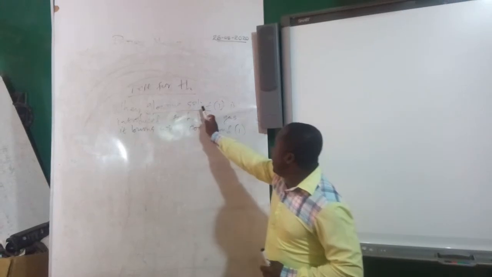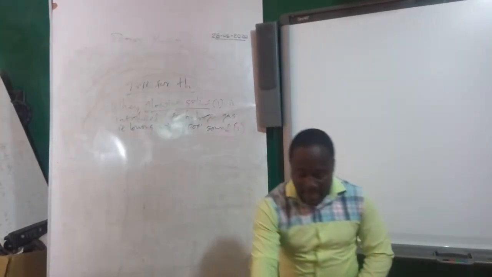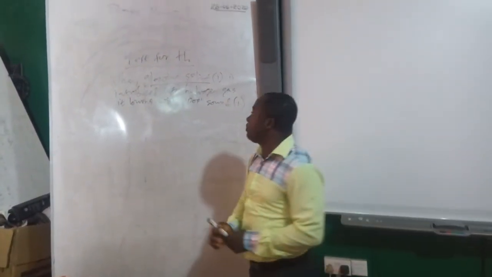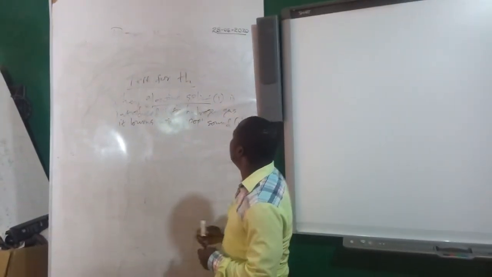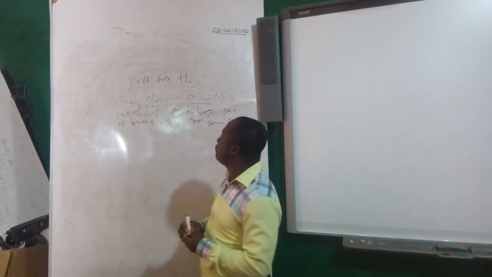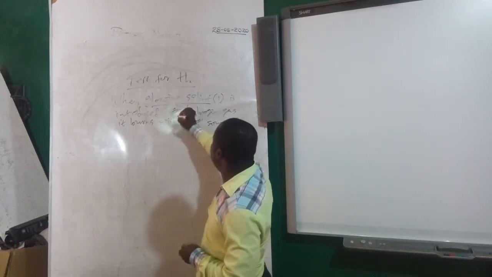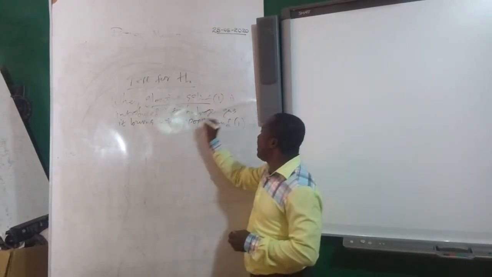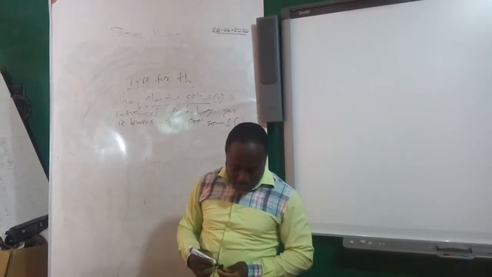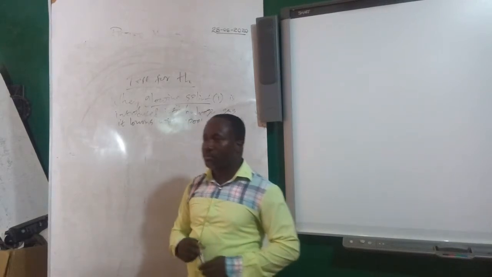When a glowing splint is introduced into hydrogen gas, it burns with a pop sound. So don't just go straight and write, it gives pop sound. You have to tell us what to do. So when a glowing splint is introduced into hydrogen gas, it burns with a pop sound. That is how hydrogen gas is tested for.